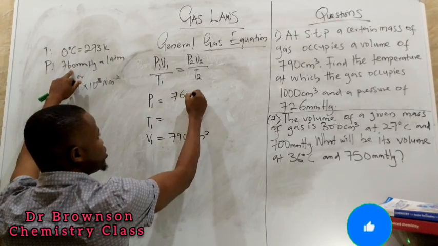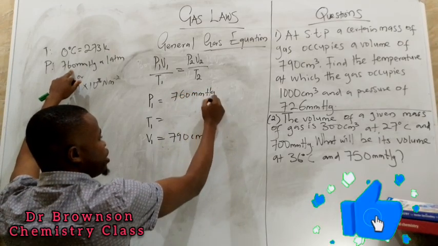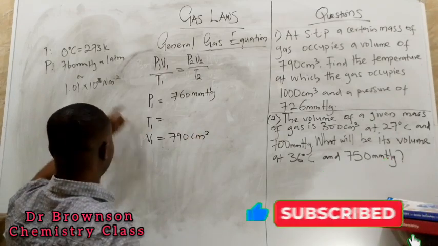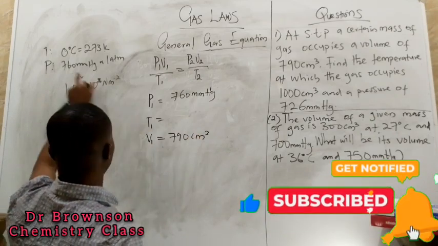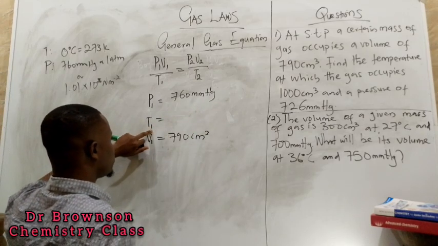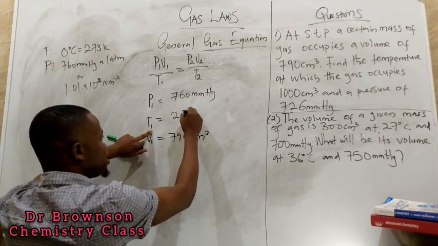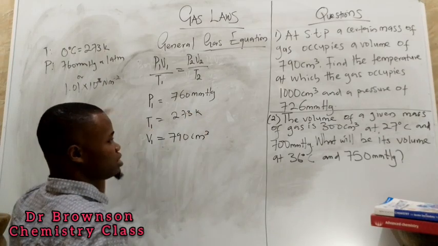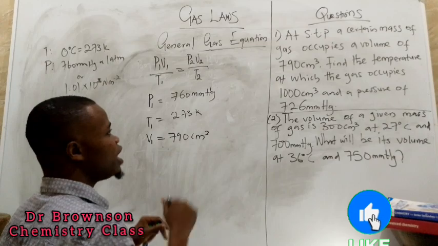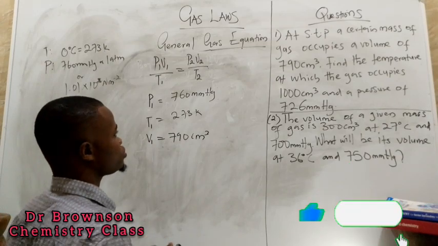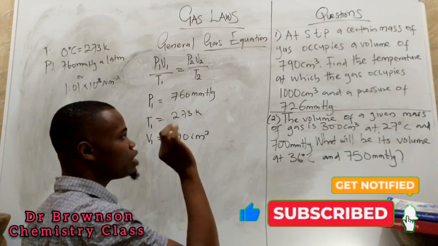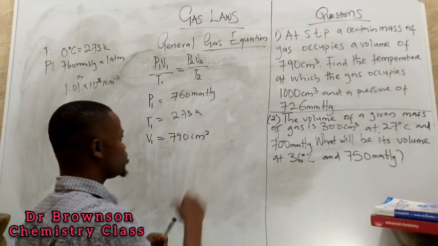At STP, pressure 1 will be 760 millimeter mercury, because we are dealing with volume in centimeter cube. So your P1 will be 760 millimeter mercury. Your T1 is 273 Kelvin at STP. The second part of the question says, find the temperature at which the gas occupies 1000 centimeter cube.